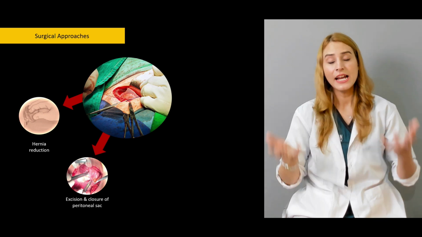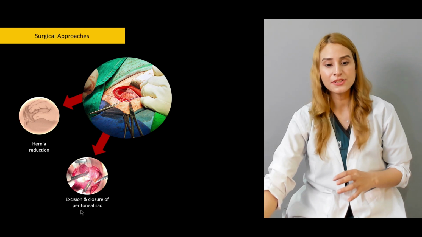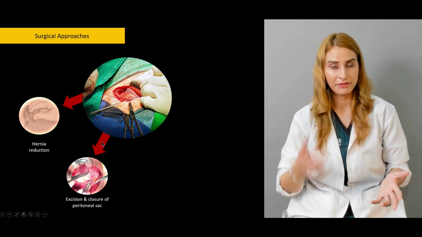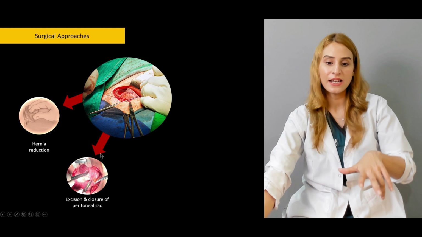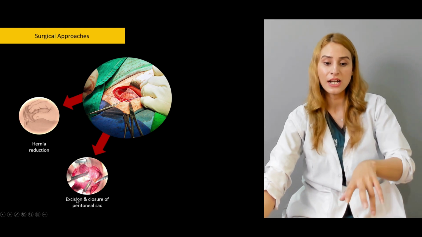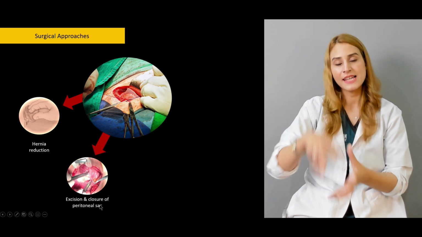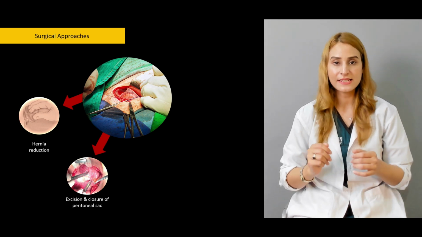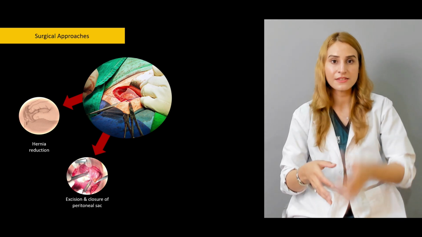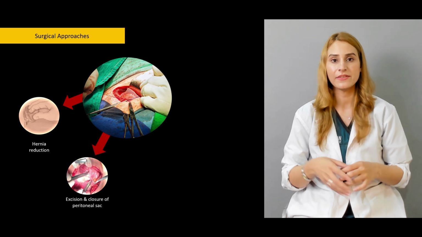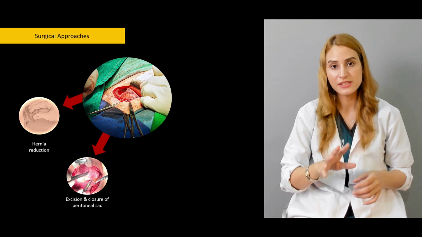But if the defect is greater than 2 centimeter, what you do is you go for the open repair here, right? You incise, you go down, and the sac is identified, the neck of the sac is identified, the contents are reduced back into the peritoneal cavity, the peritoneum is closed, right?